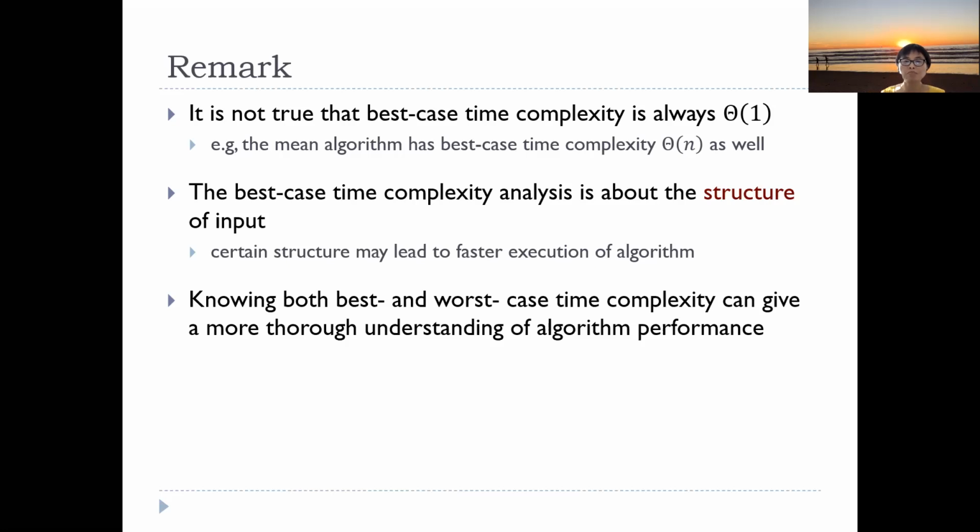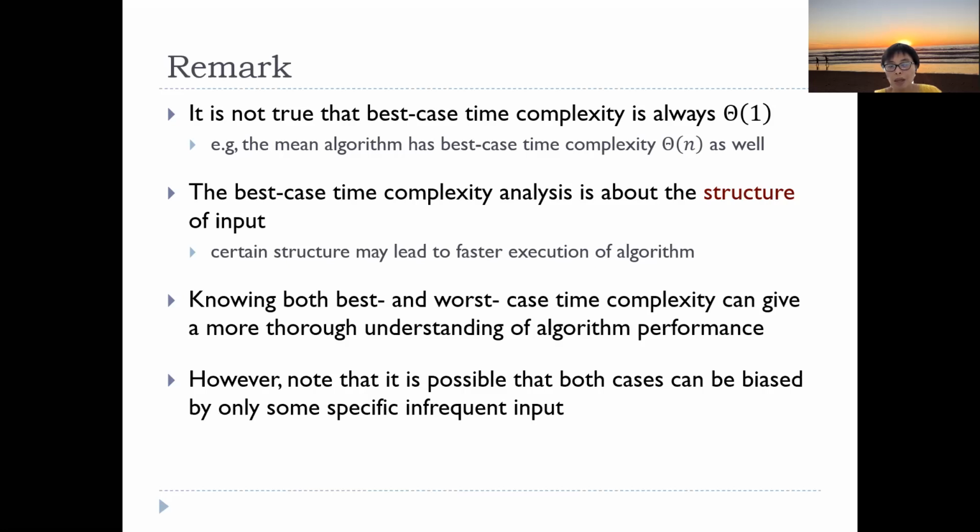If even in the best case, suppose best case and worst case are the same, that means this algorithm on any input would run in a certain amount of time, okay? But as I mentioned, both best and worst case can be biased by only some very specific input, which may be very infrequent.